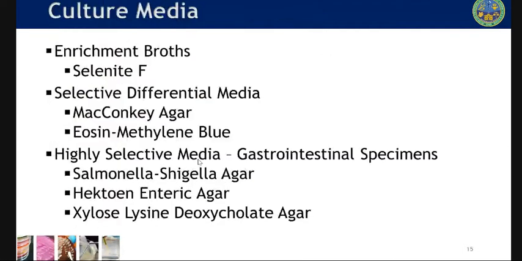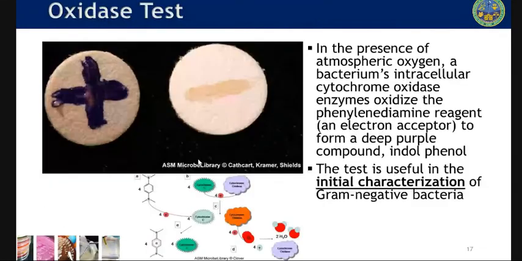So we'll go through the different biochemical tests being utilized in the identification of your Enterobacteriaceae. The first one, being a screening test, would be your oxidase test. So the principle is, in the presence of oxygen, the bacteria will utilize the enzyme cytochrome oxidase, making use of the reagent as the electron acceptor to produce indophenol, which is colored purple.